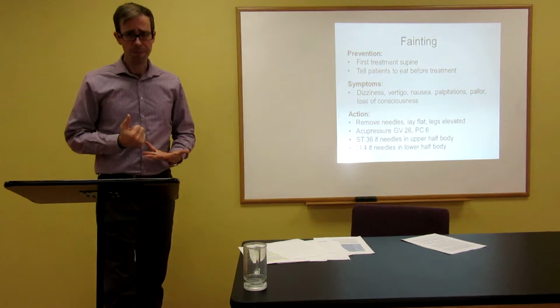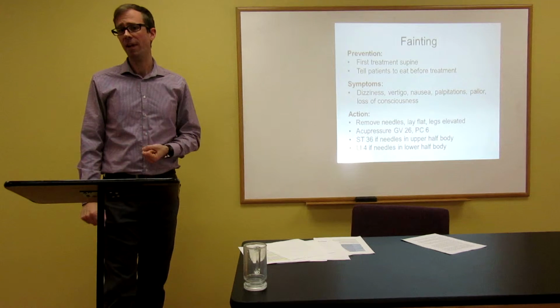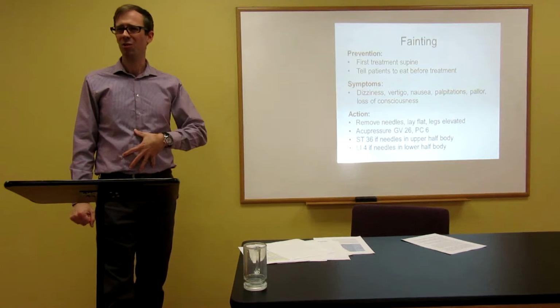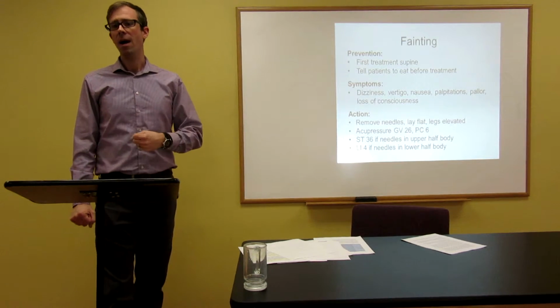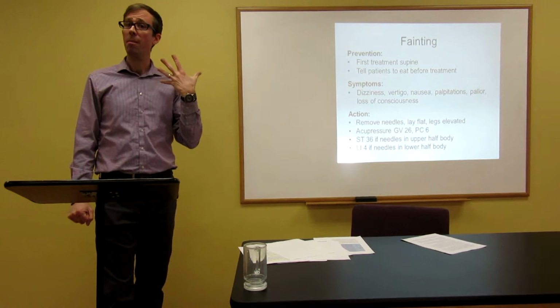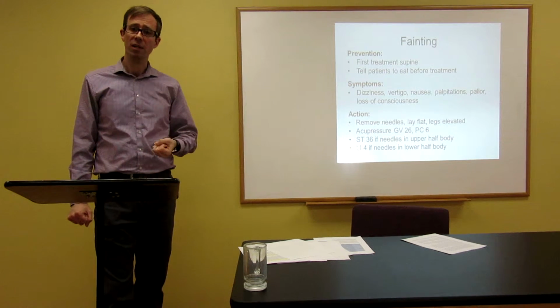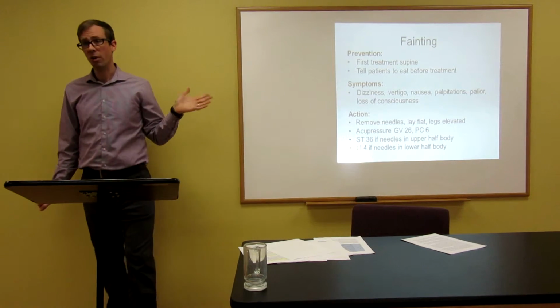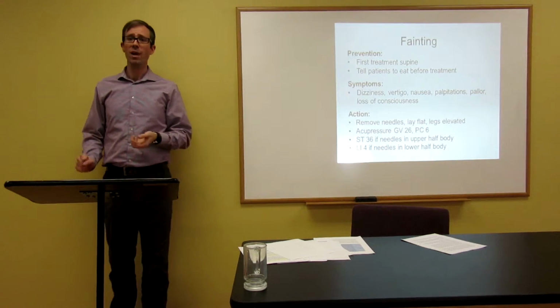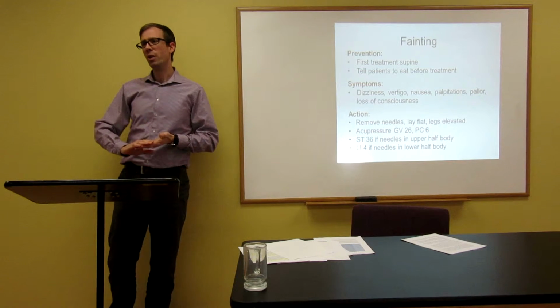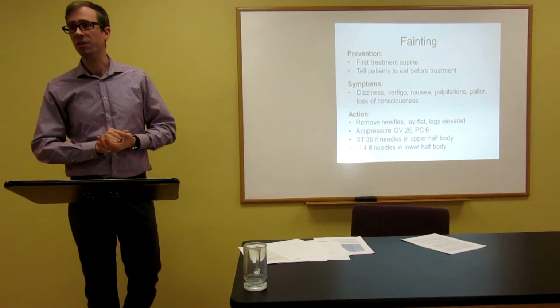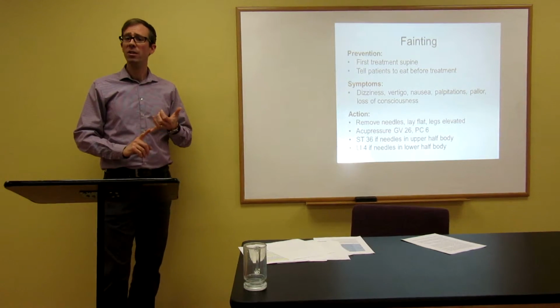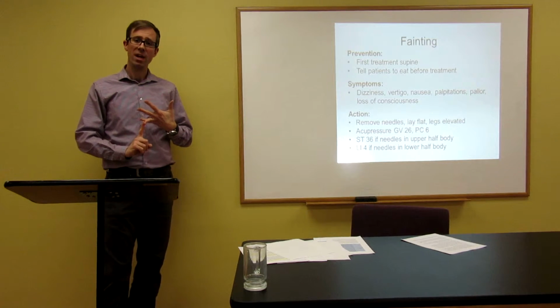There are also symptoms of fainting, in that sense of dizziness or maybe feeling nauseated. They may start to get kind of pale, with pallor in their complexion. In the clinic, we have these posted in all of our clinic rooms. You've probably seen them: the recommendations for treating what they call needle shock, or pre-syncope. So, remove the needles and have them lie flat with the legs elevated.